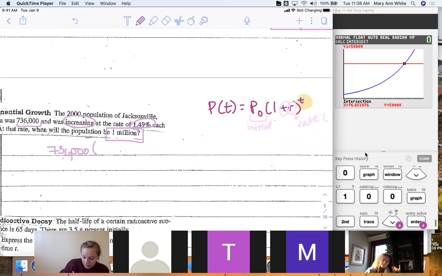Number, and then it's increasing 1 plus 1.49. Well, let's make that 1 plus 0.49 a real decimal. So I've got 0.0149 and then raised to the T.